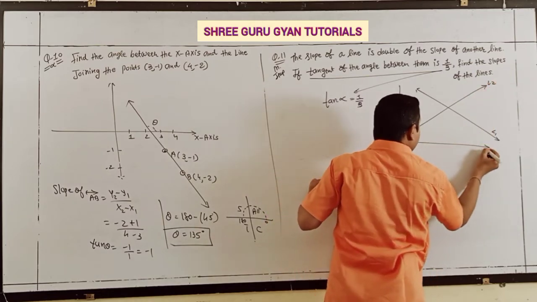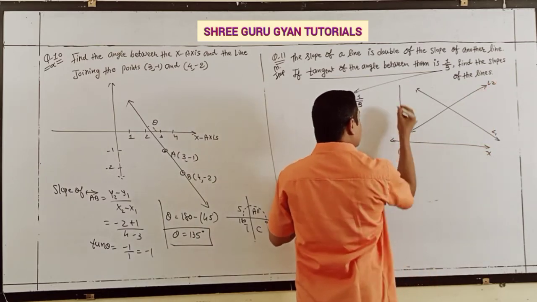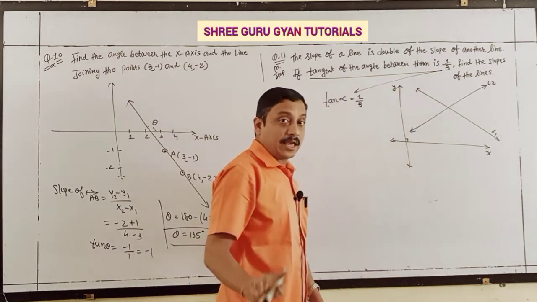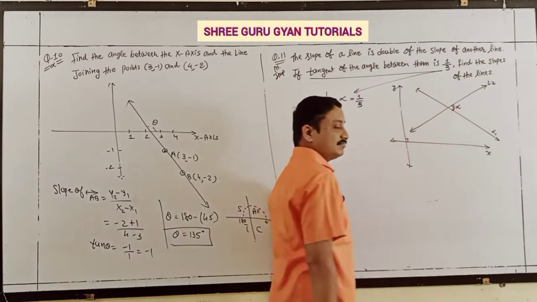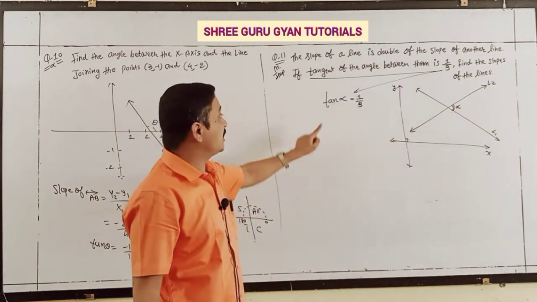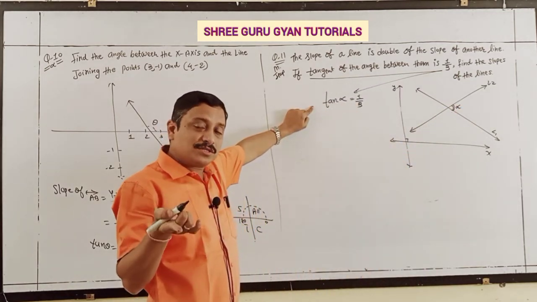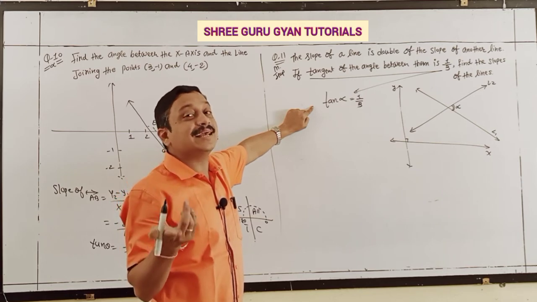This is your coordinate plane, x-axis, origin and y-axis. The angle between them, here I just assume it is alpha, and tan alpha is given. Now, one of the slopes is m1, the second is m2.